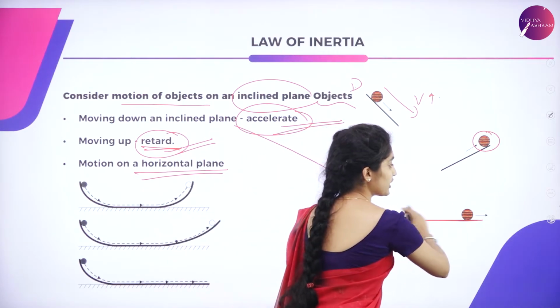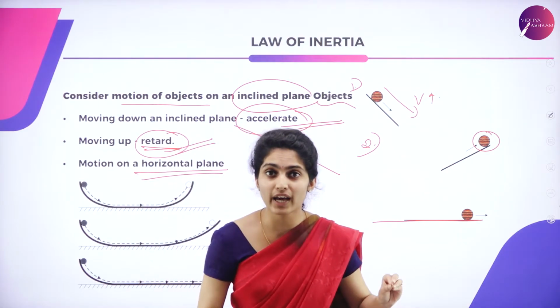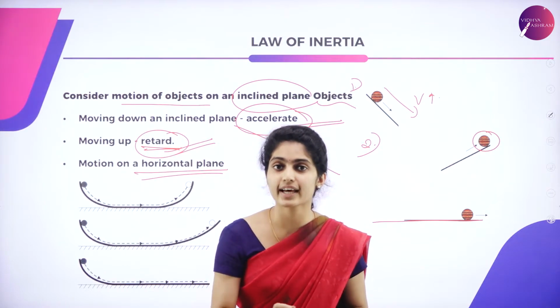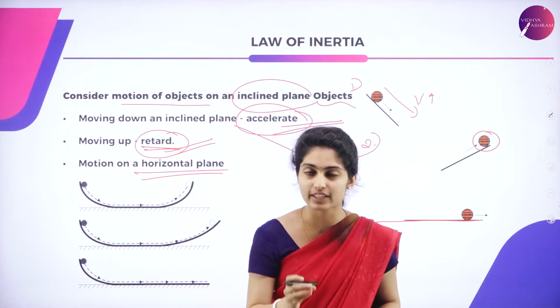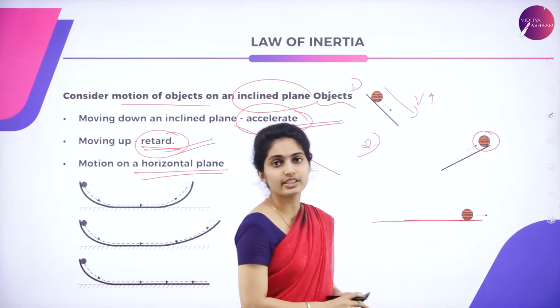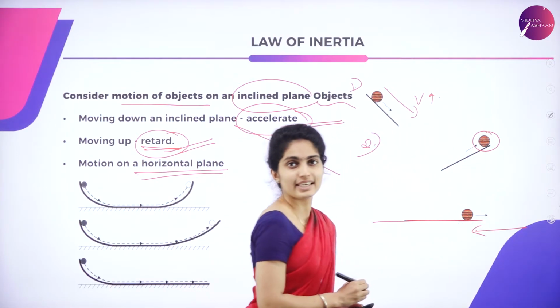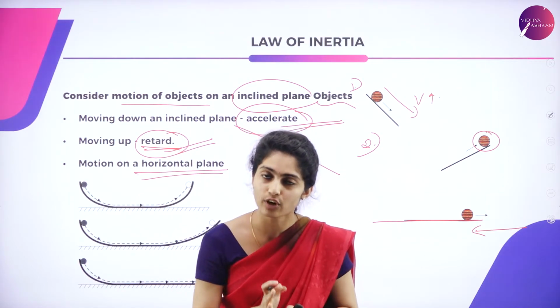The object keeps moving, but at some point of time it comes to a state of rest. Why? That is due to friction, a resistive force acting on the body in motion. That resistive force acts in the opposite direction. Since it acts in the opposite direction, the body comes to rest.